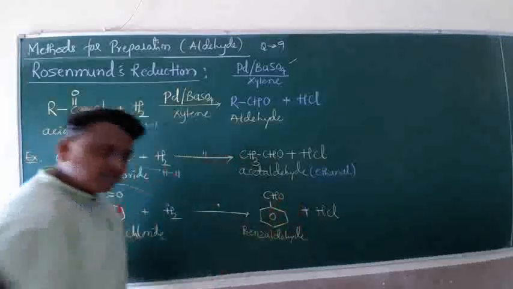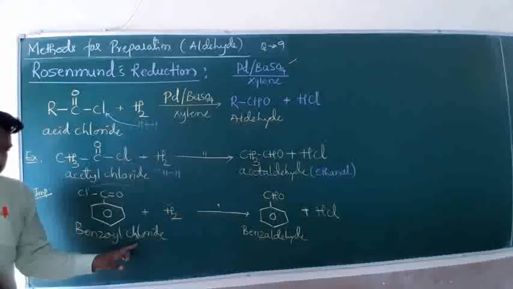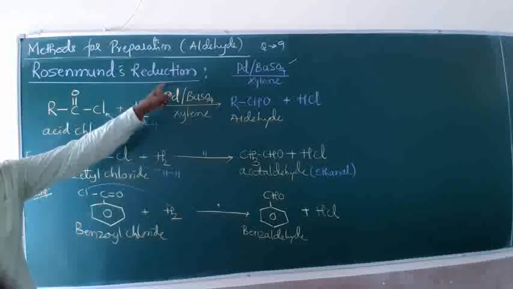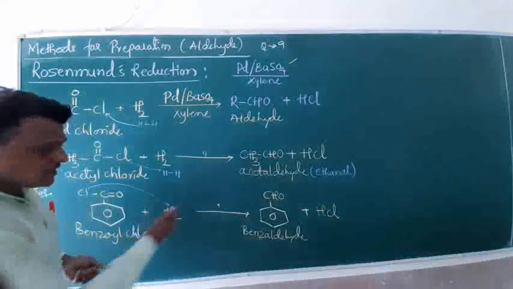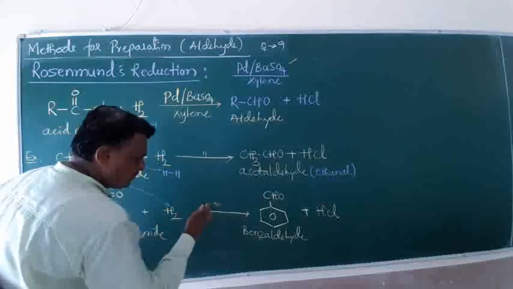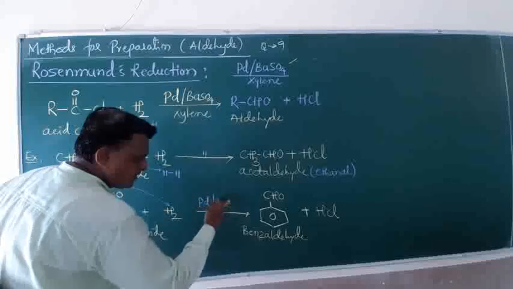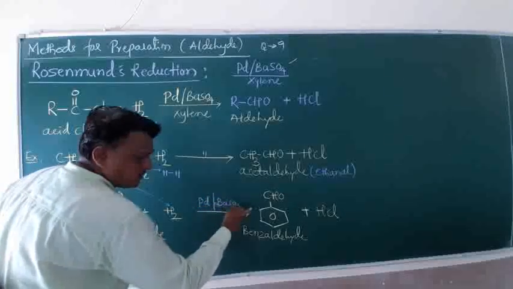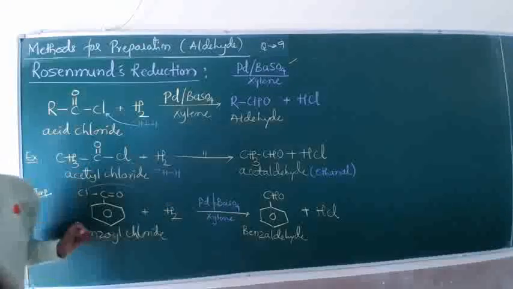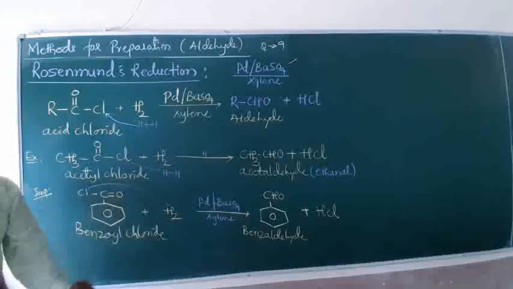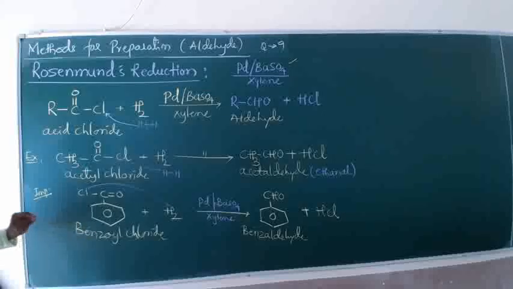I repeat, friends, when benzoyl chloride undergoes Rosenmund reduction reaction, the product formed is benzaldehyde. The reagent to keep in your mind is palladium with barium sulfate. And this is Rosenmund's reduction reaction to prepare aldehyde.